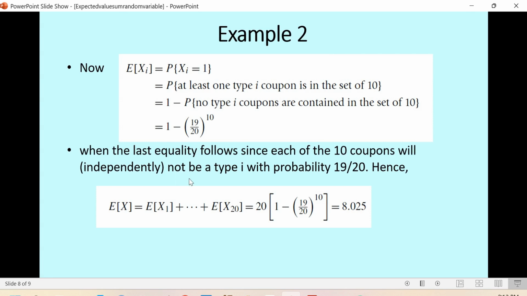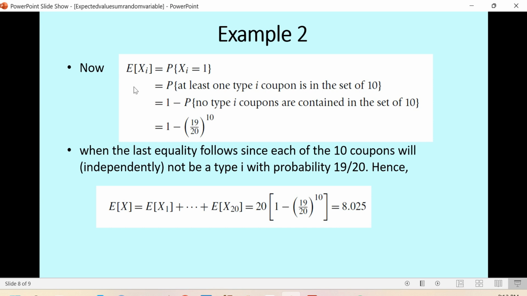Because these 20 coupons occur independently and have equal probability of being chosen, we can write E[X] equals E[X1] to E[X20] summed. So we just calculate the expectation of each Xi, then sum together, or multiply by 20. Then we can get a final number.